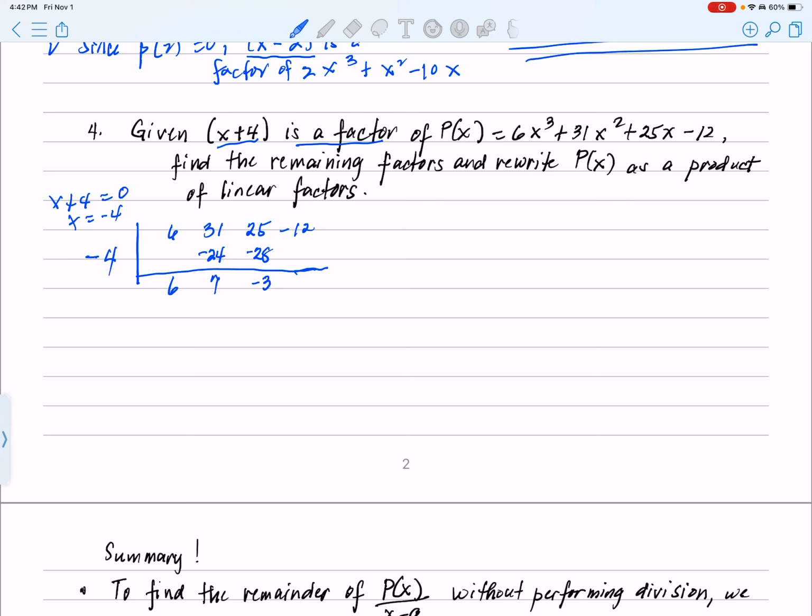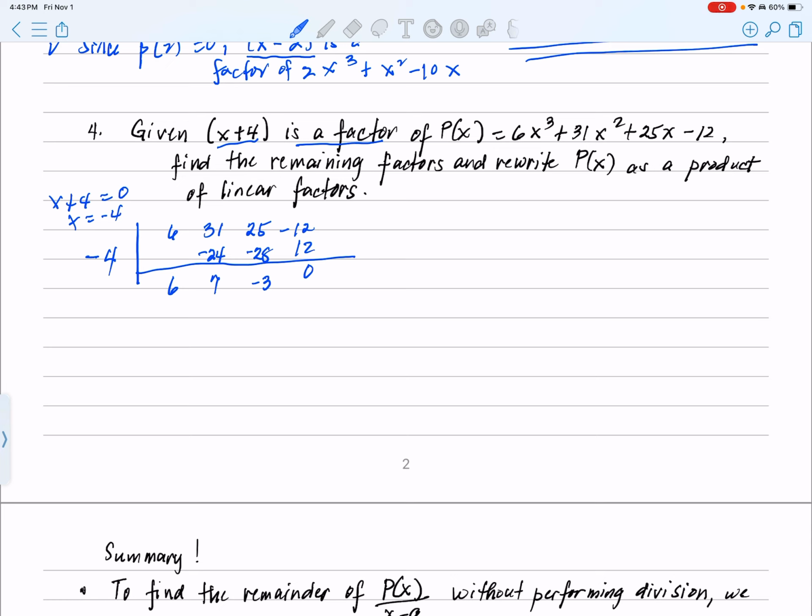Negative 4 times negative 3, that is positive 12. Negative 12 plus 12, that is 0.